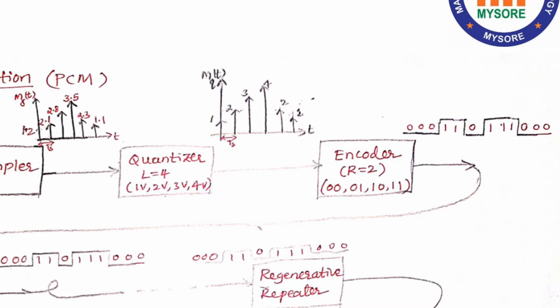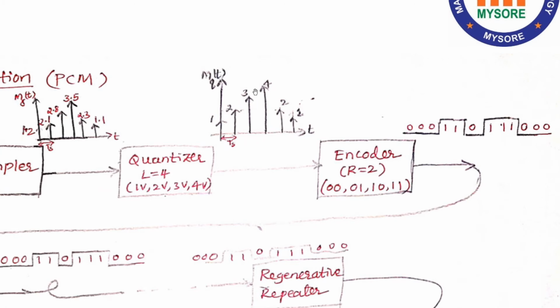Similarly, voltage greater than or equal to 3.5 and less than 4.5 to 4 volt. So we have discrete voltage levels as well as discrete time intervals.